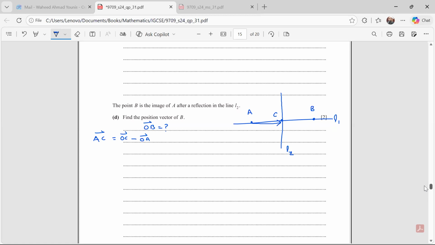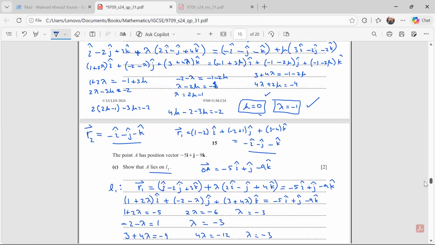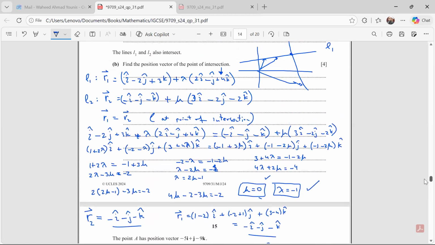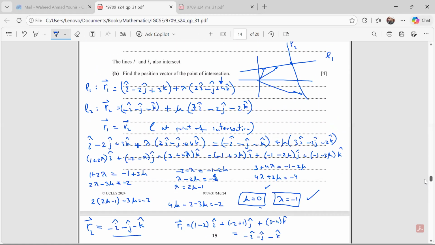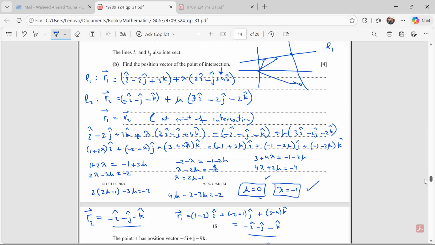The point of intersection was found when mu was 0, and it was minus i minus j minus k. We found in both these cases it was the same thing.